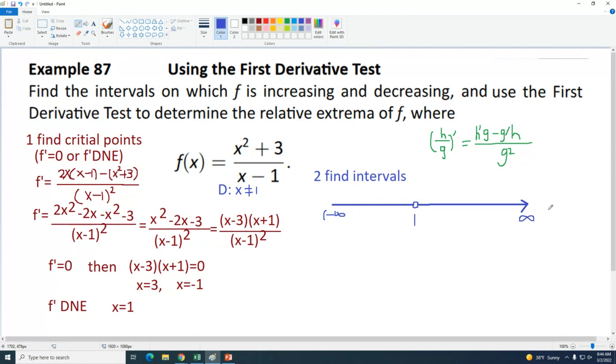So over here we have negative 1. Over here we have positive 3. So all the points that we found in step 1, the 1, the 3, the negative 1, are all labeled right here. So the 1 is special. 1 is the one that we're forbidden to take a value from.